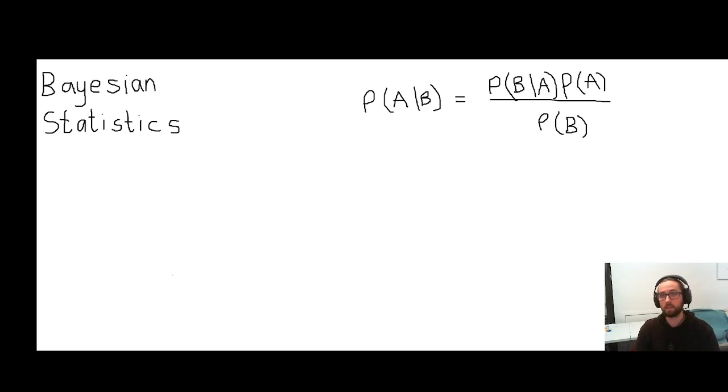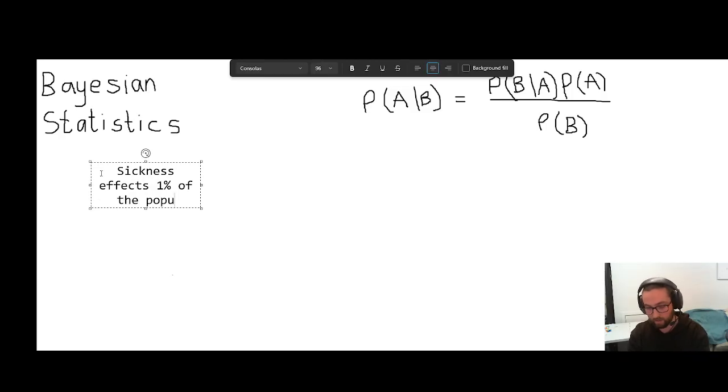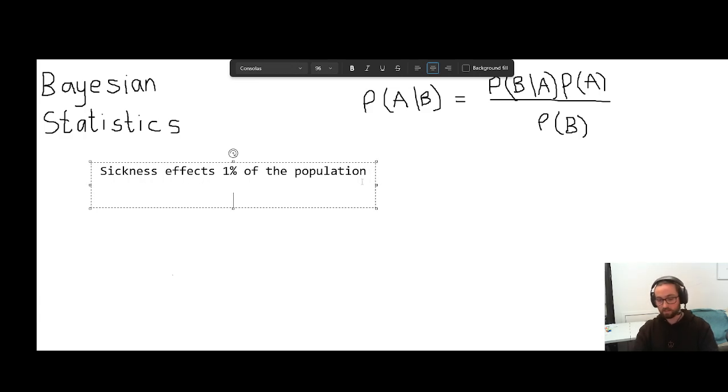So let's say that there's some illness or some disease or some sickness, and let's say it affects 1% of the population. Another way of saying this is that 1% of people have this sickness, right? And let's say there's a test for the sickness, and the test has a 99% accuracy.